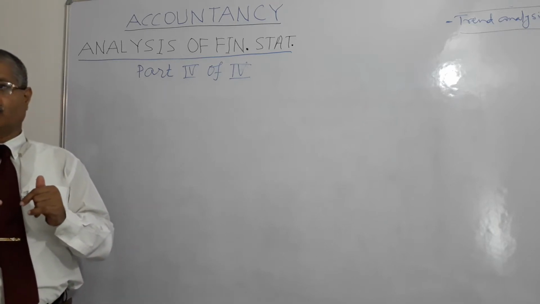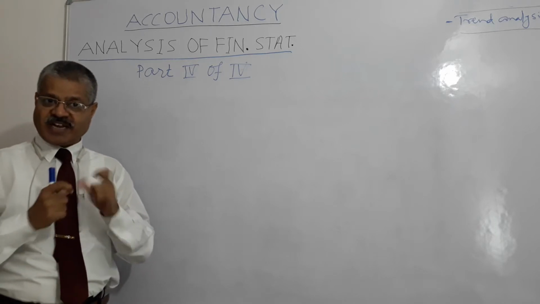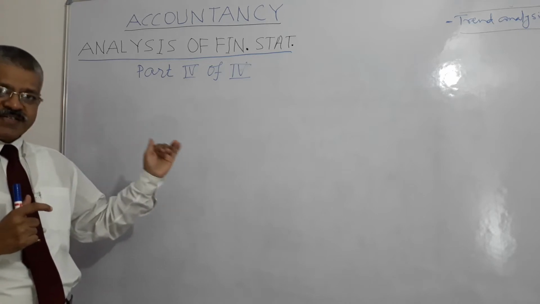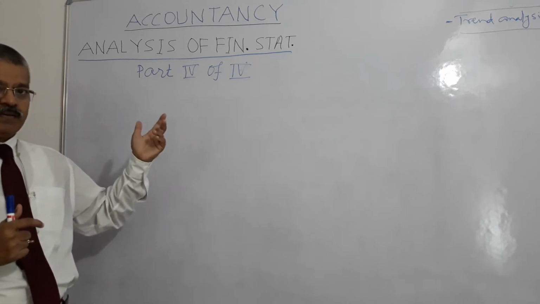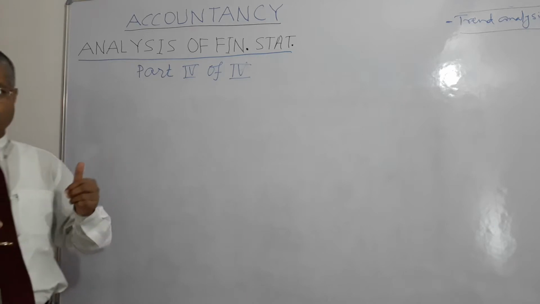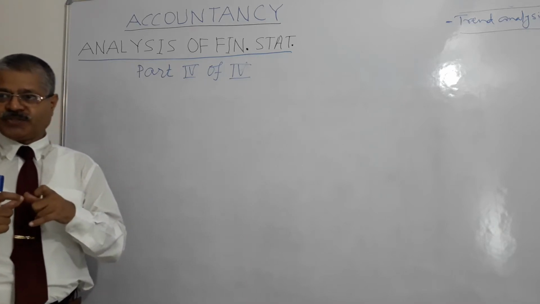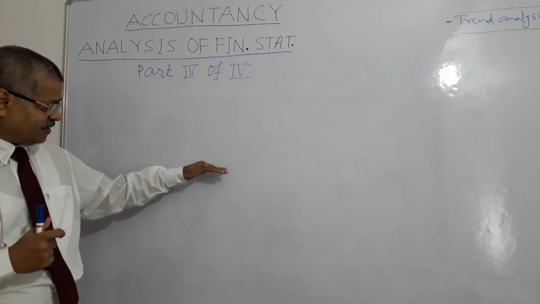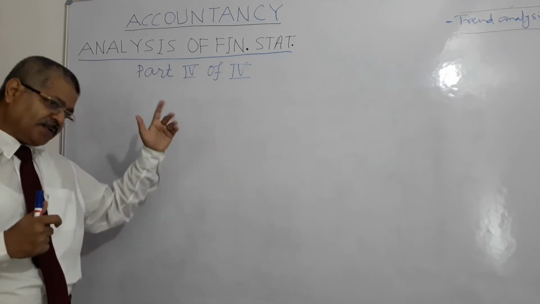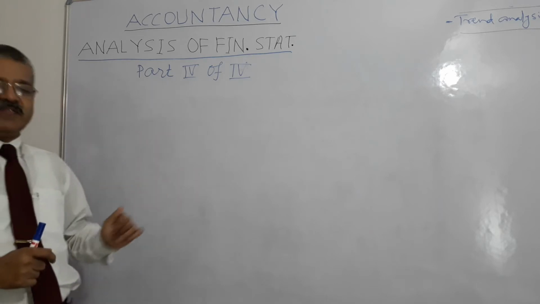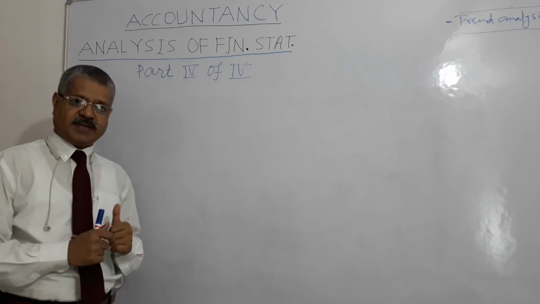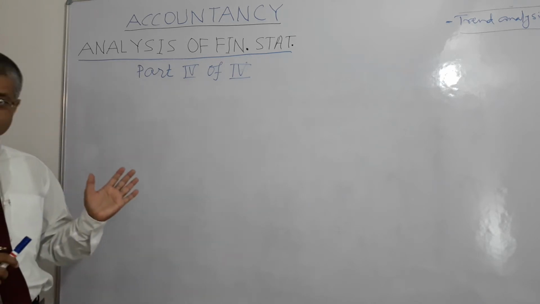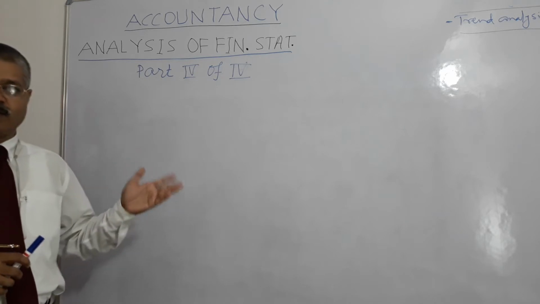It involves computation of percentage relationship of a particular year's figure with the base year, right? It computes, suppose, 2019-20 as a percentage of the base year, say 2015-16. If the base year is 100, then we see whether 2019-20 is 100, less than 100, or more than 100.